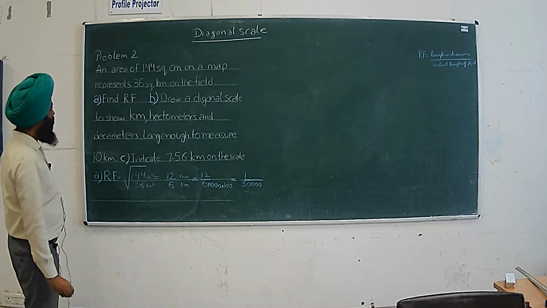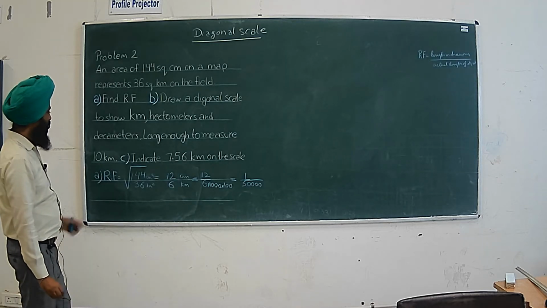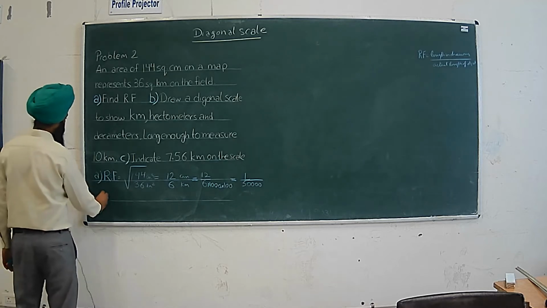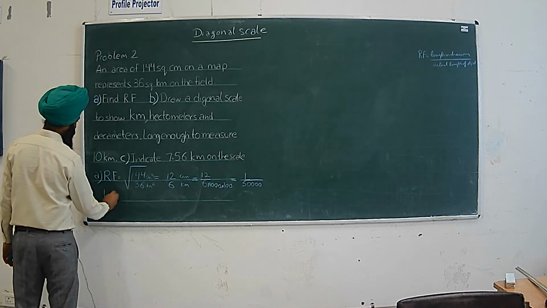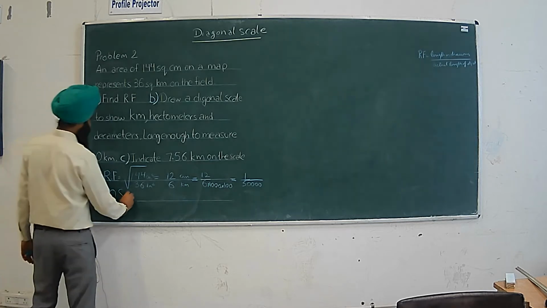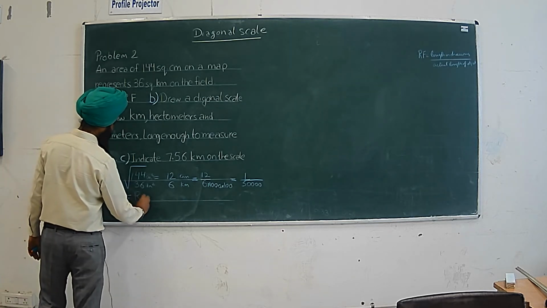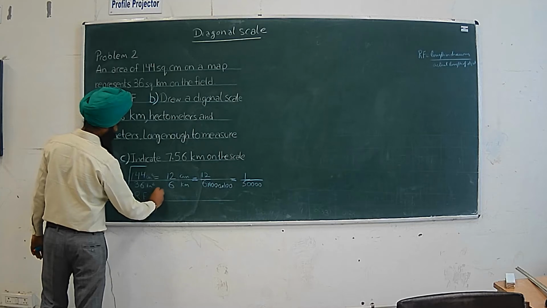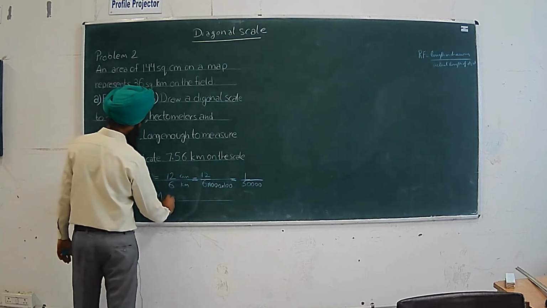Right. So second is draw the diagonal scale. For drawing the diagonal scale, we require LOS, length of scale. So length of scale is RF into maximum length to be measured.